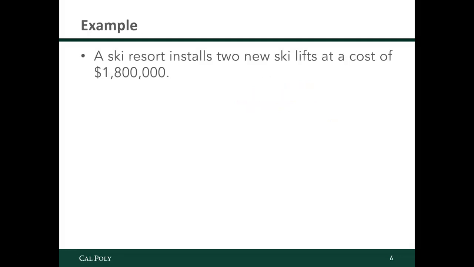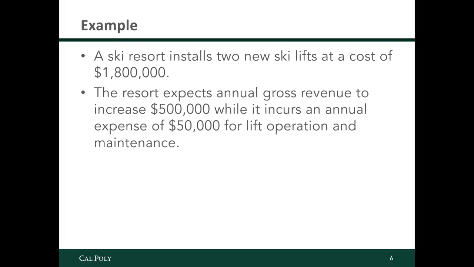So here's an example. A ski resort installs 2 new ski lifts. The cost is $1,800,000, and the resort expects annual gross revenues to increase by $500,000 per year, while it incurs an annual expense of $50,000 for lift operation and maintenance. The problem says that you'll assume an interest rate of 15%, but you get to ignore that when calculating the payback period.